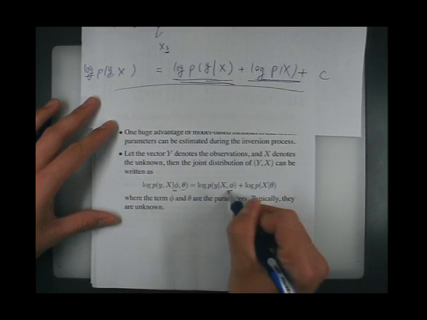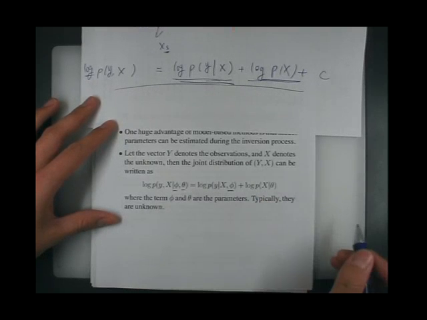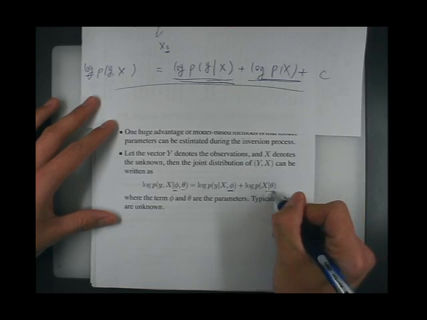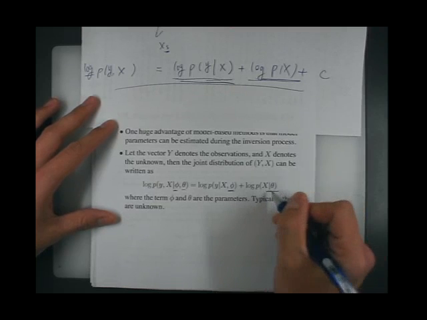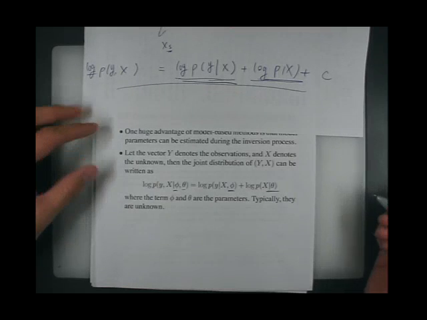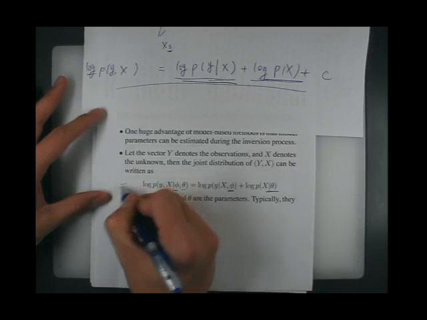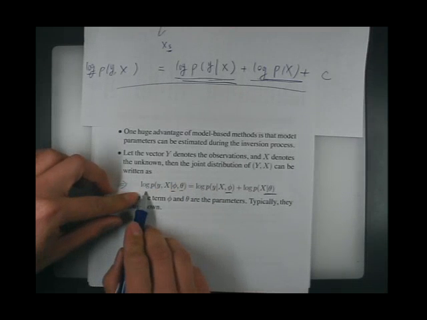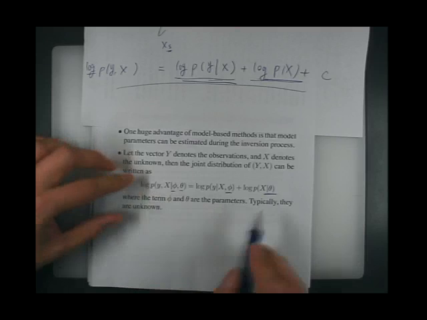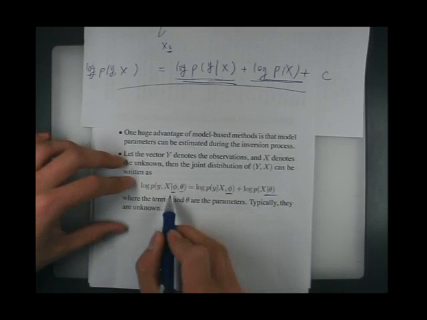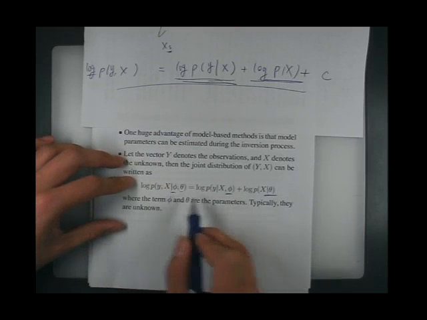Phi is a parameter in the likelihood term, and theta is a parameter of the prior distribution. So for this particular model-based probability, we have two parameters to be estimated.